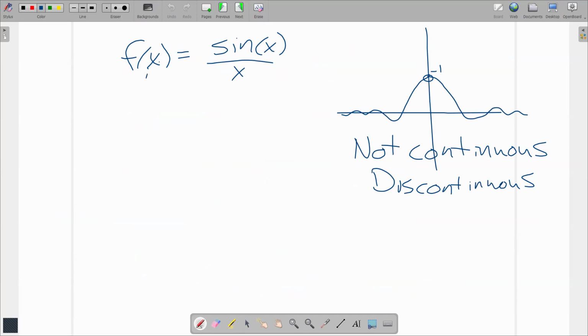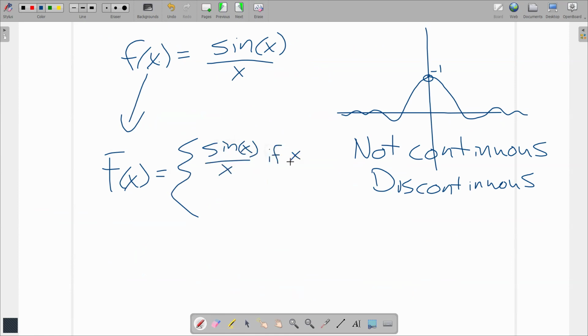So I could rewrite this function as a new function. Let's call it capital F of x. And it would have to be a piecewise function. It would be sine of x over x if x is not 0, because that works fine. What do I have to do when x is 0? Well, I just have to pick a number to plug the hole with.